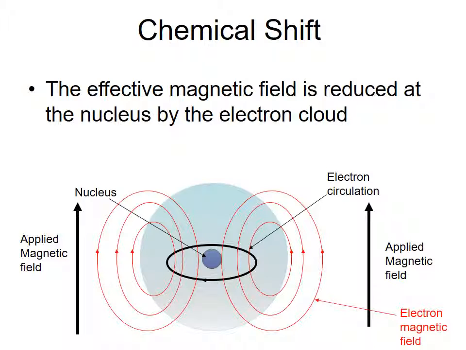But not all nuclei respond the same to the magnetic field, because the electrons around a nucleus spin in that magnetic field and cause a change in what the nucleus detects as the external magnetic field.